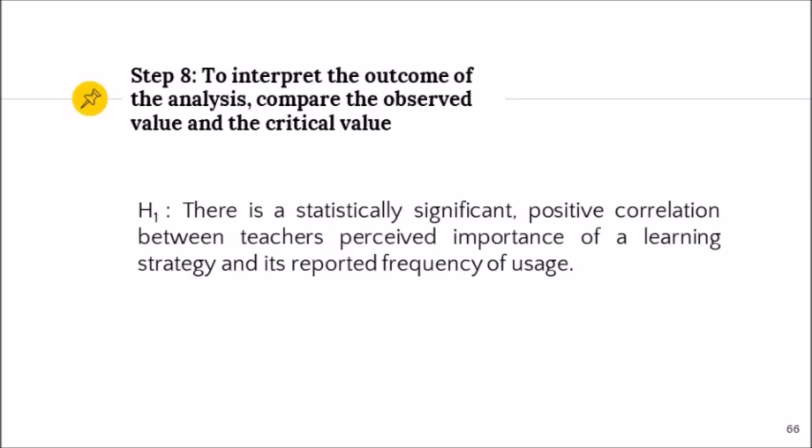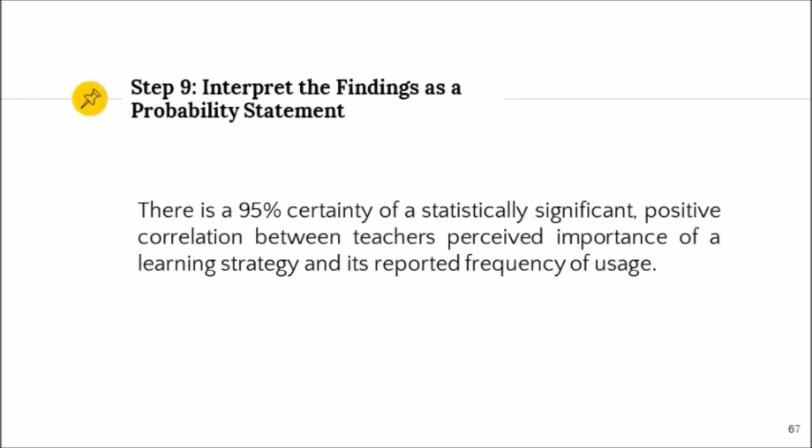Our alternative hypothesis is that there is a statistically significant positive correlation between teachers' perceived importance of a learning strategy and its reported frequency of usage. Step 9 is to interpret the findings as a probability statement.